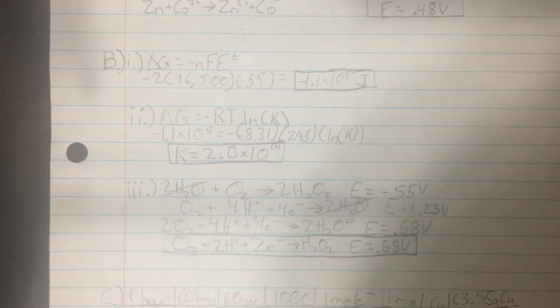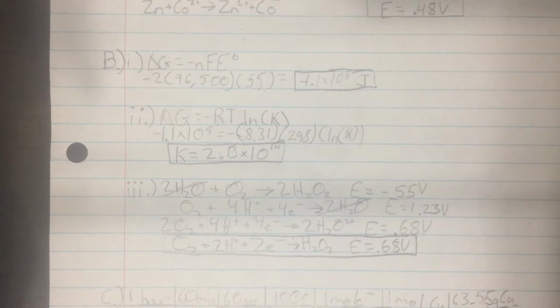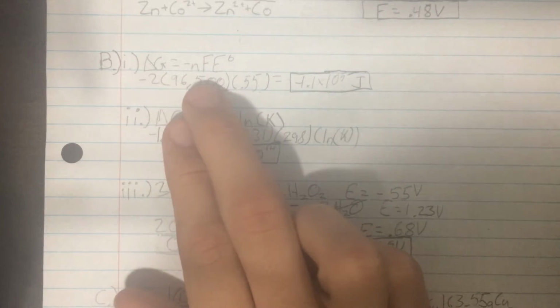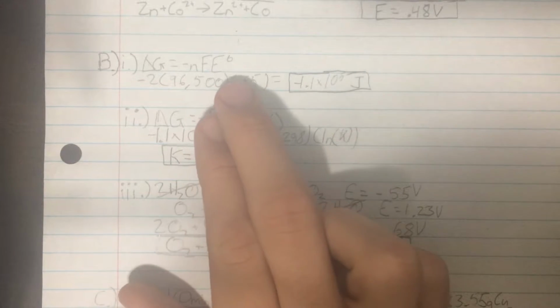For part 1, it asks us to determine the value of the standard free energy change, that delta G, for the reaction at 25 degrees Celsius. So we're going to plug it into this equation. Delta G equals negative nFE0.